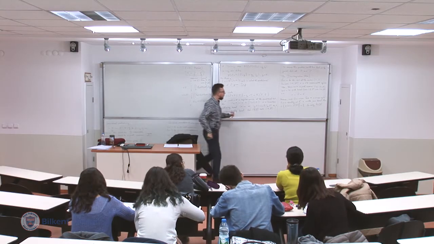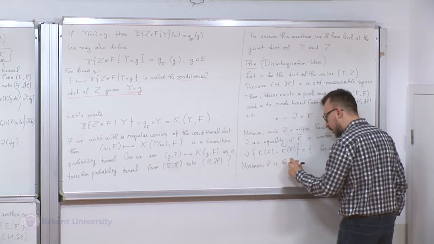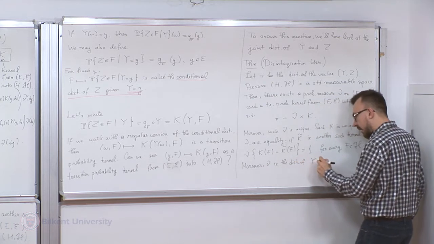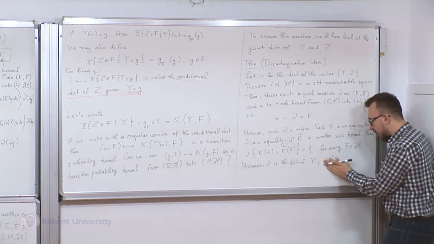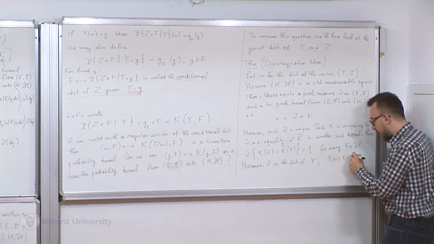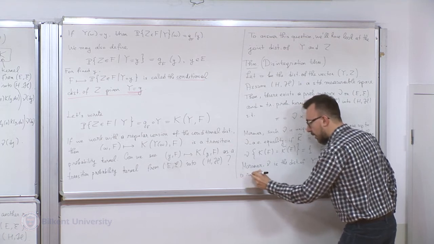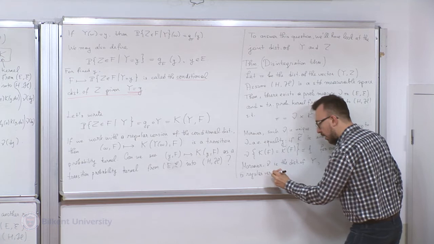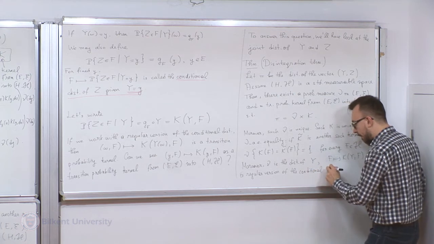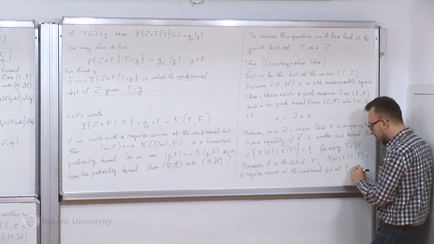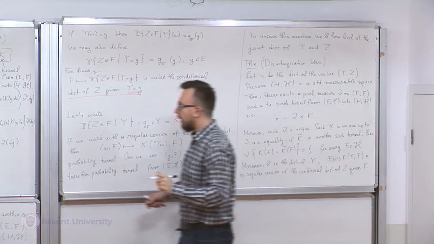And we should also say, moreover, nu is the distribution of y, and f maps to k(y, f) is a regular version of the conditional distribution of z given y.